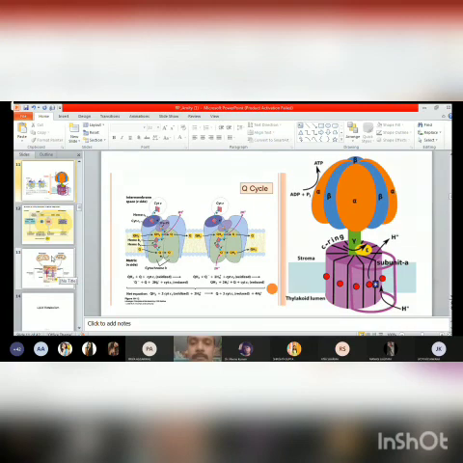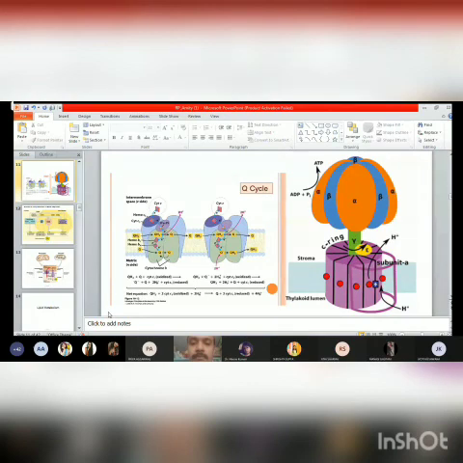This QH2 gives electrons to the iron sulfur protein, which is written as 2Fe2S. That in turn gives one electron to cytochrome C1. This cytochrome C1 ultimately passes the electron to cytochrome C, which in turn goes to complex 4. And one more electron is given back to non-reduced coenzyme Q. This coenzyme Q becomes a ubiquinone free radical.